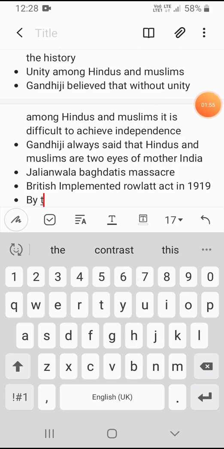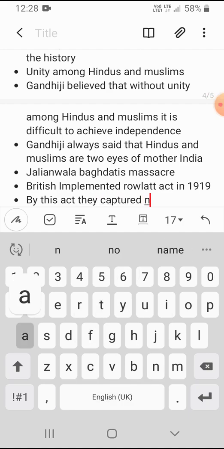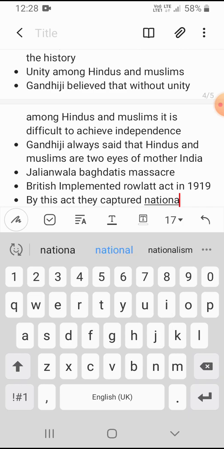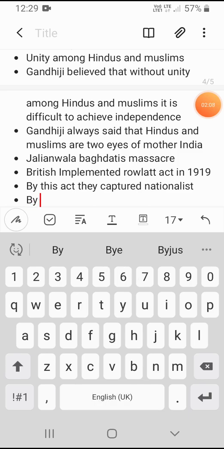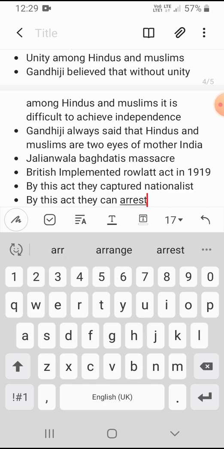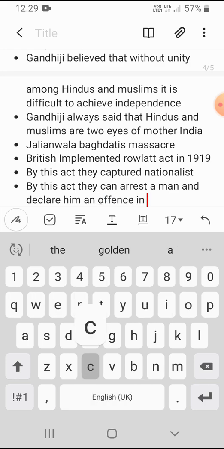and by this Rowlatt Act they captured nationalist places. By this act they can arrest a man and declare him an offender in a court of law.